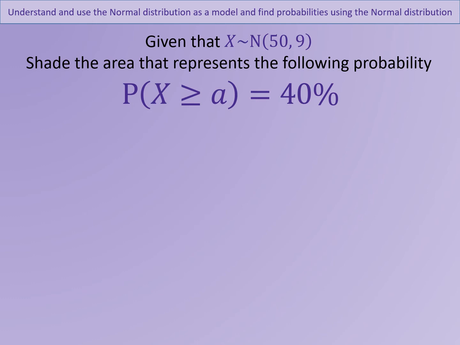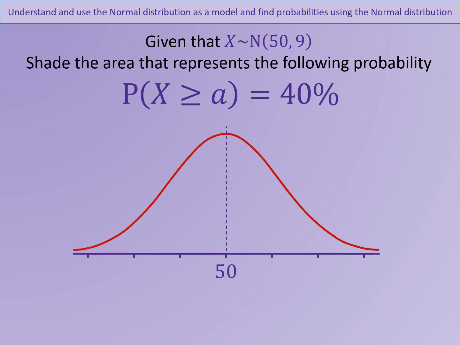Okay, so try this one. Given that the mean is 50, the standard deviation is going to be 3 because it's a variance of 9. Probability of greater than A is 40%. This is the one we drew. I know it's very close to the 50. It's just a bit above it. Your calculator can't do greater thans, so the first job you've got to do is change it into 60%.